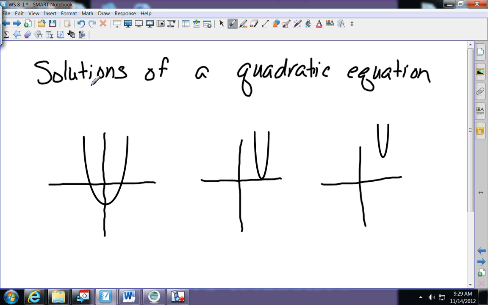Solutions are going to be where they cross the x-axis. Remember, the x-axis is right here at your horizontal axis.